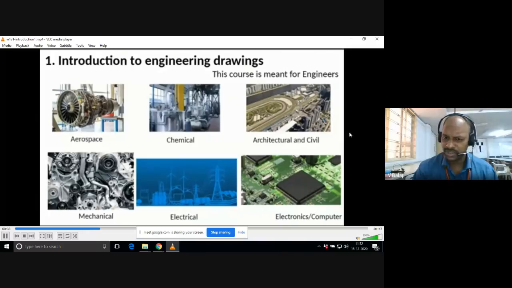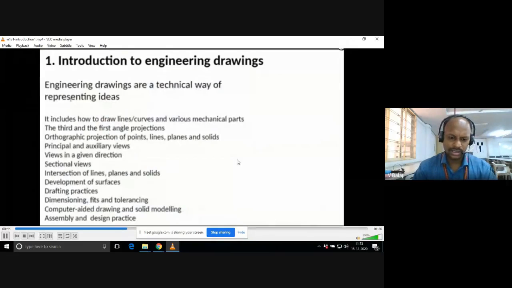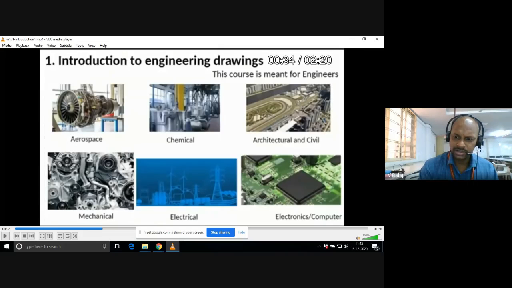Of course, civil and architecture people have their own thing, but mechanical drawings are very much there in their applications also. So our mechanical students play a prominent role in such areas. So your responsibility is more.